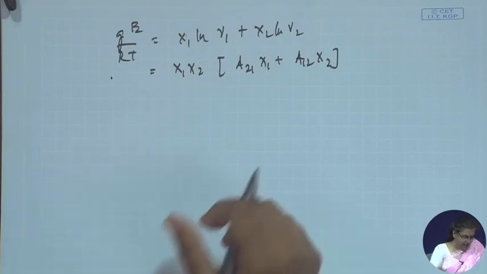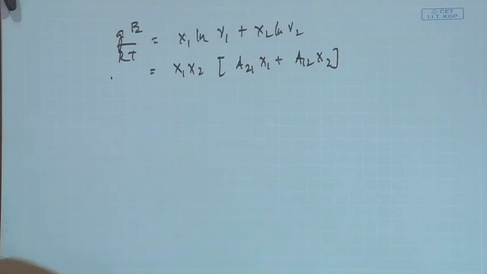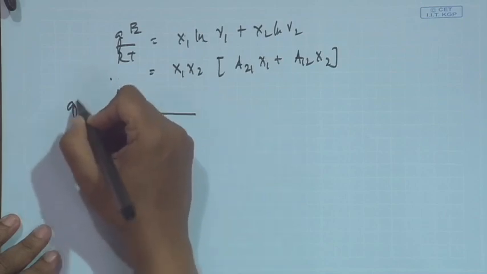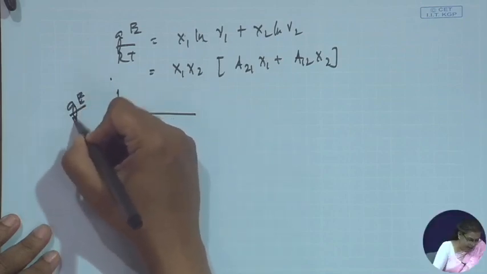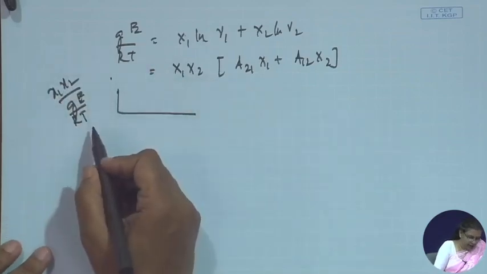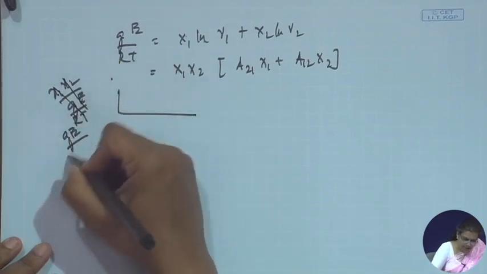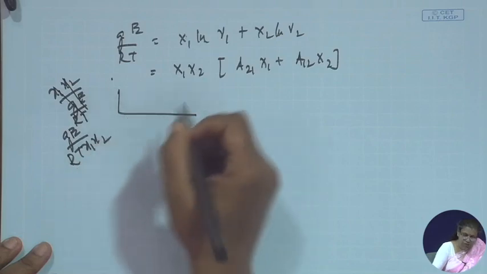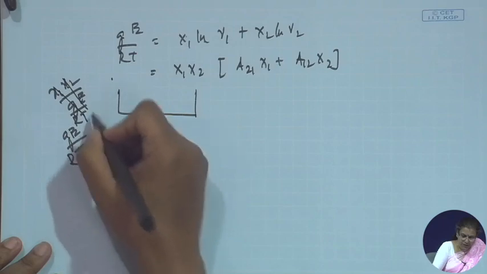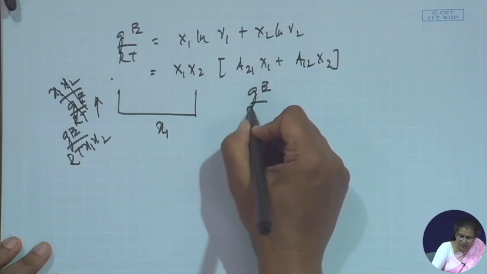And from there, if we have combined these, then we can plot GE by RT x1 x2 against x1.